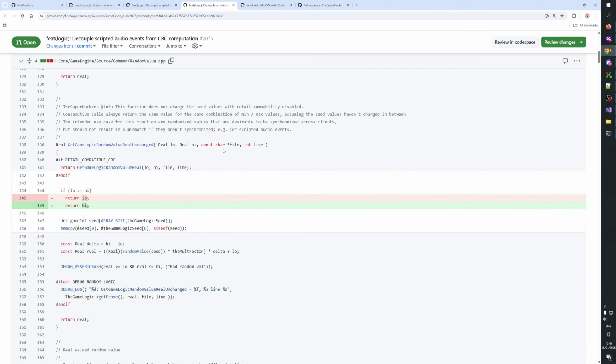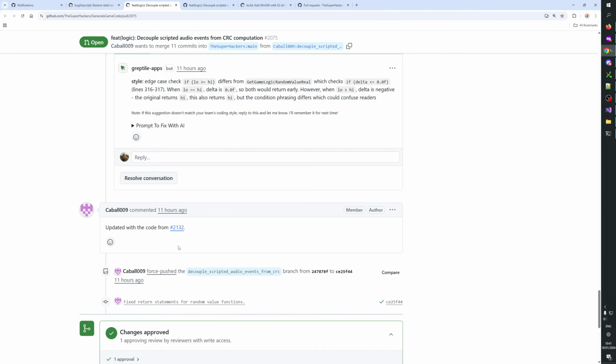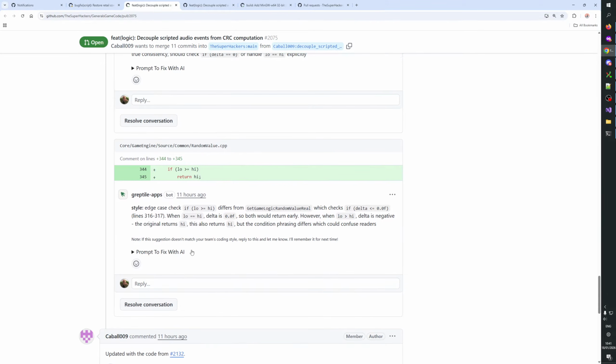Good. So low, high. So why was this wrong? Edge case check. If low differs from this, which checks if delta is smaller equals 0. When low equal high, delta is 0. So both would return early. When low is larger than high, delta is negative.